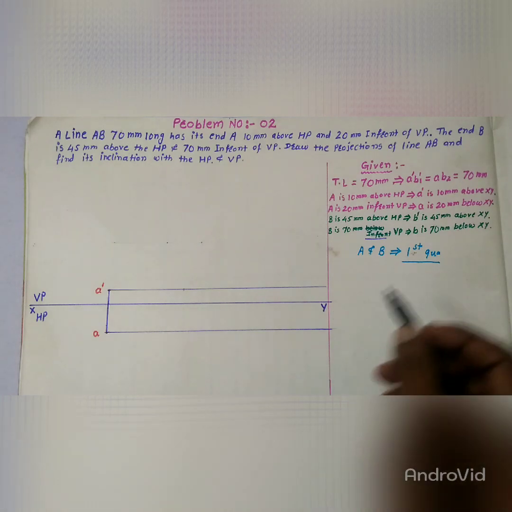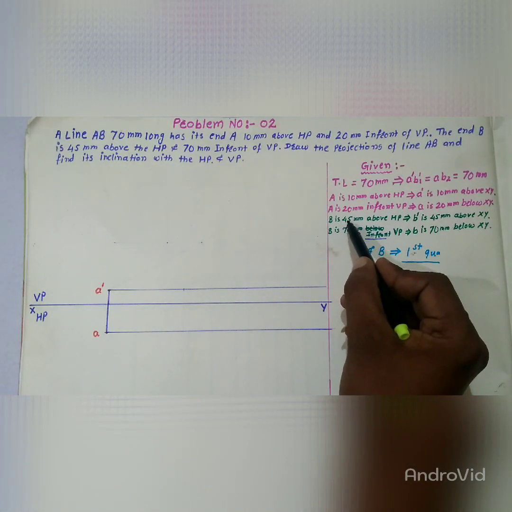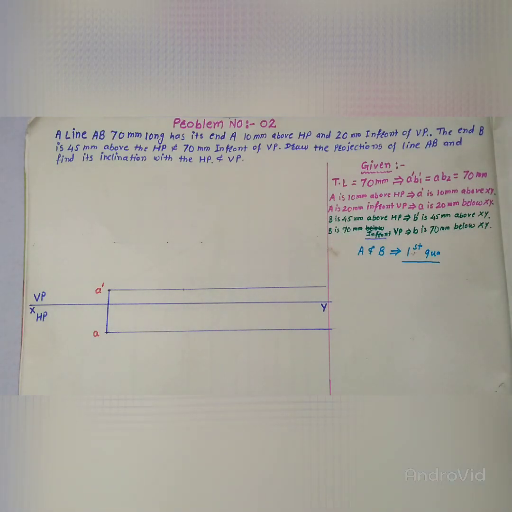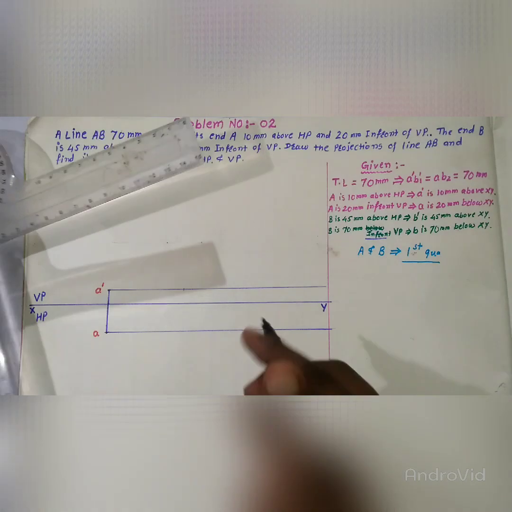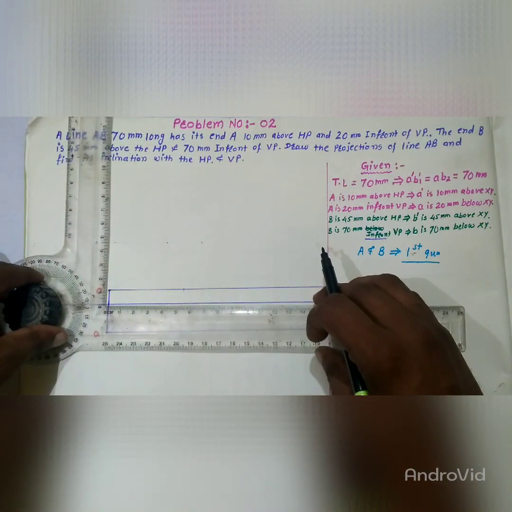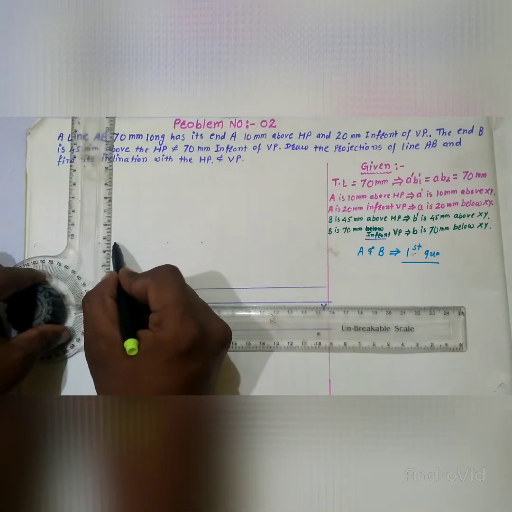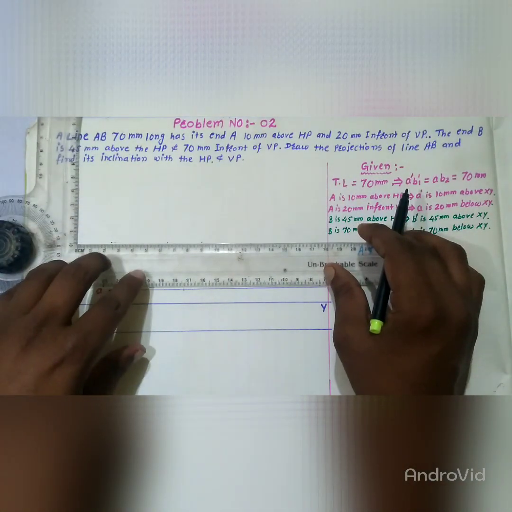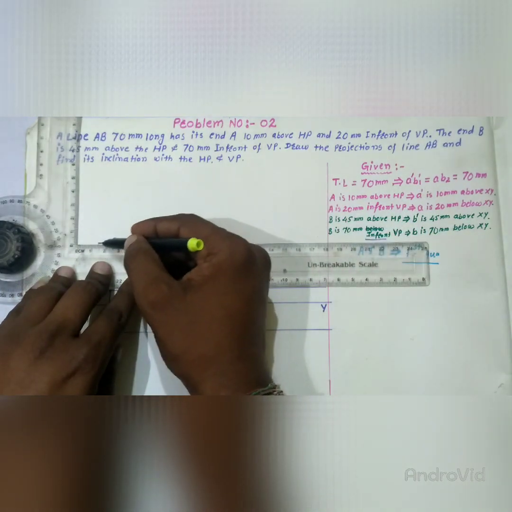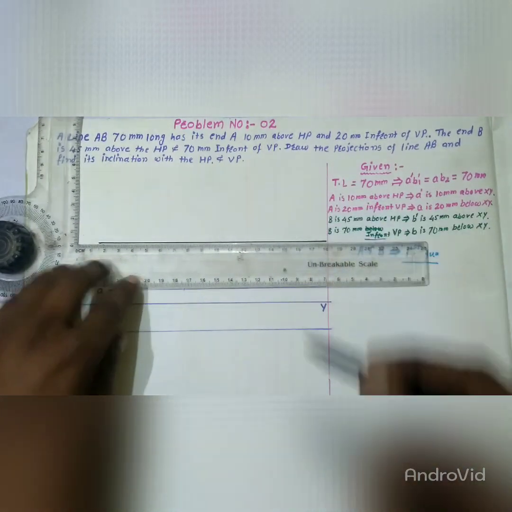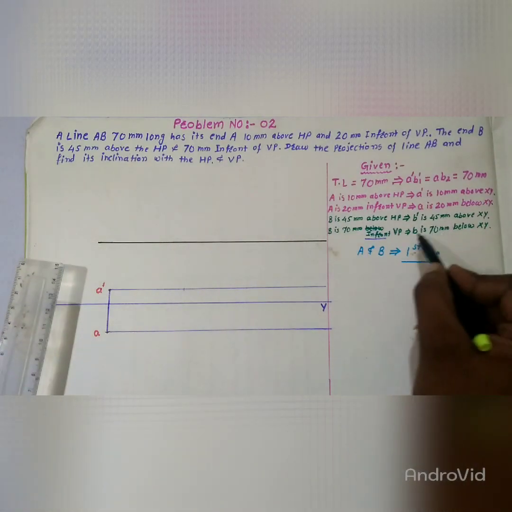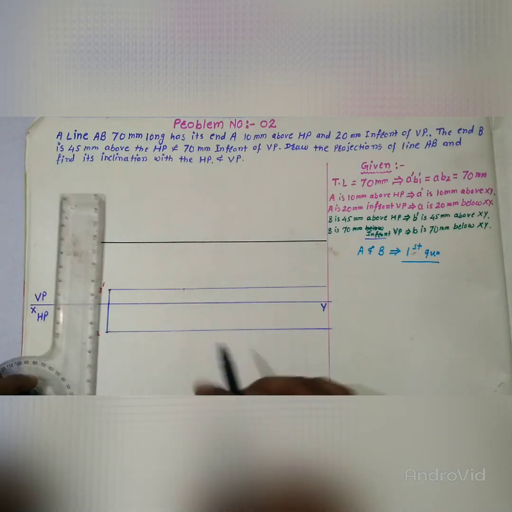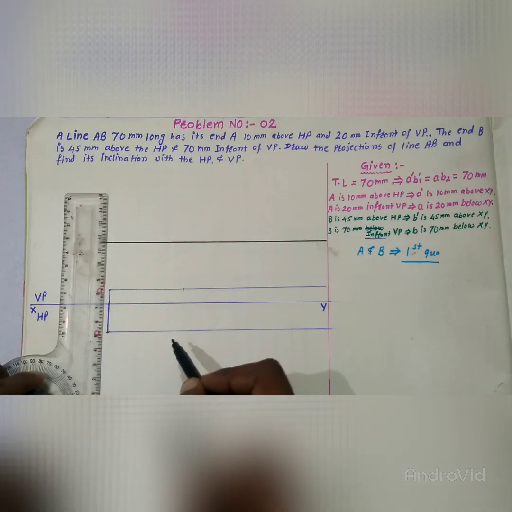Now they have also given 45 mm above, the location of B. So mark 45 mm above the XY line, draw one point at 45 mm, and after that draw one horizontal line. Similarly, this 70 mm distance of B is below the XY line, so take a distance of 70 mm from the XY axis.